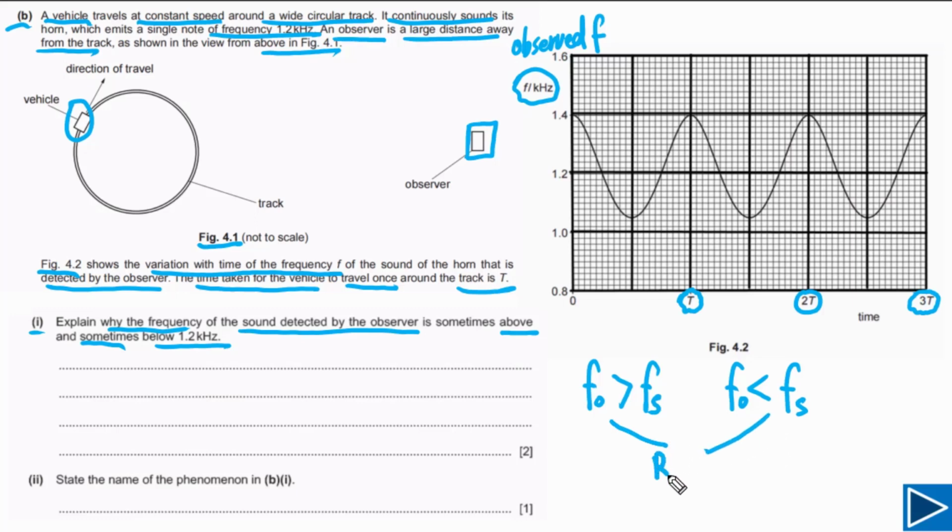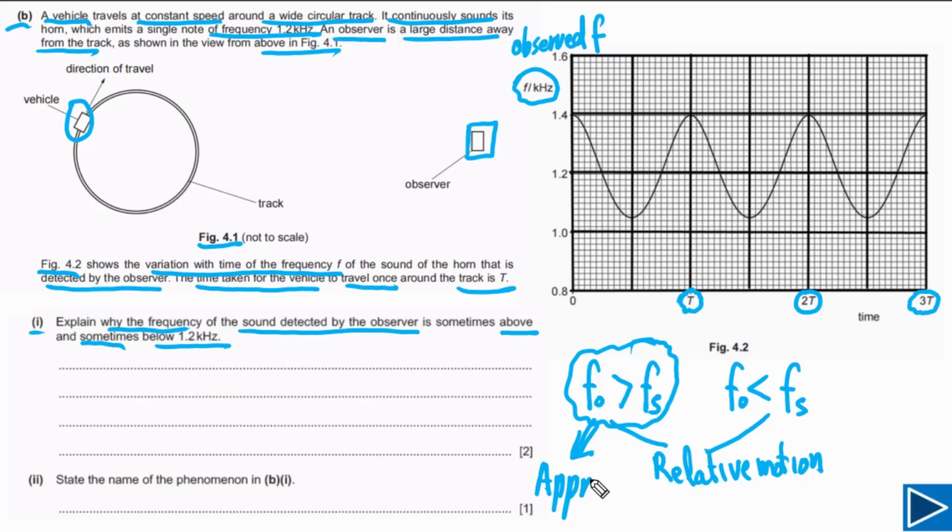That is only possible if there is a relative motion between source and observer. So this is the first point we need to understand. Next, observed frequency will be higher than the frequency of the sound produced by the source when the source is approaching the observer.